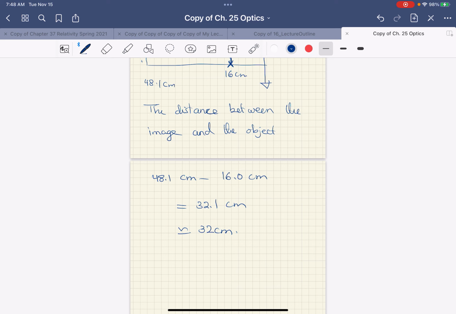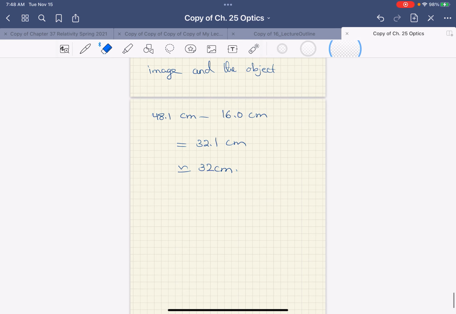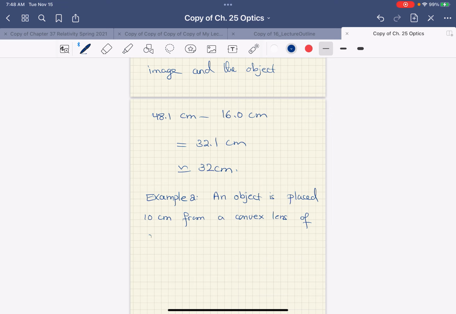All right, okay, another one. The last one here is: an object is placed 10 centimeters from a convex lens of focal length 20 centimeters.